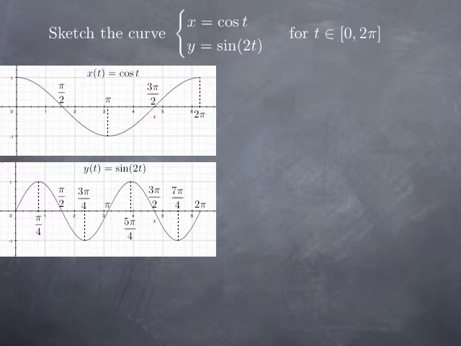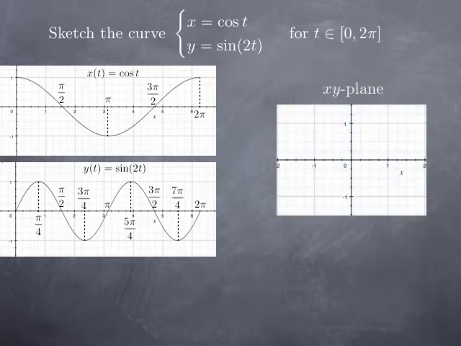And then we're going to try to follow along what happens to x and y as the parameter t changes. And we're going to try to follow along in the xy plane. So now I'm looking at the xy plane. And when t is 0, then you see that x is 1 and y is 0. So I start at this point, x equals 1, y equals 0.